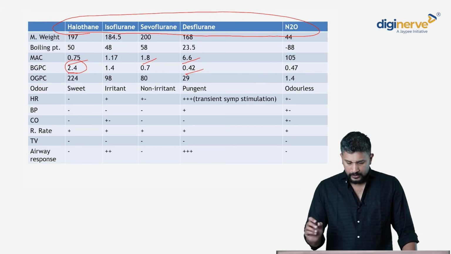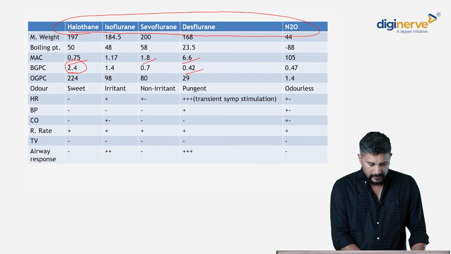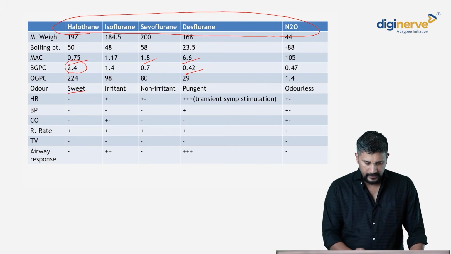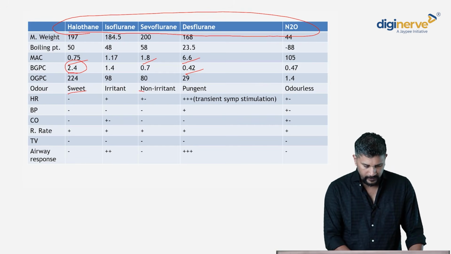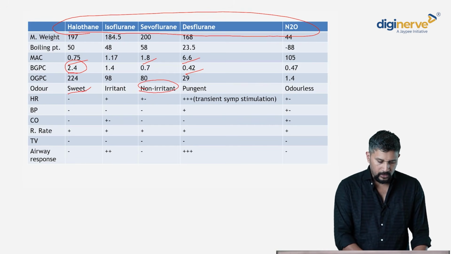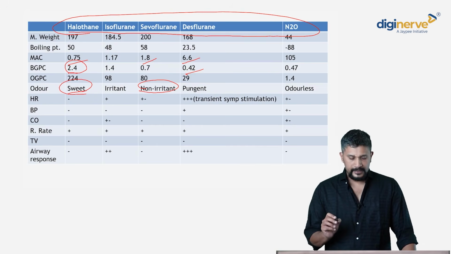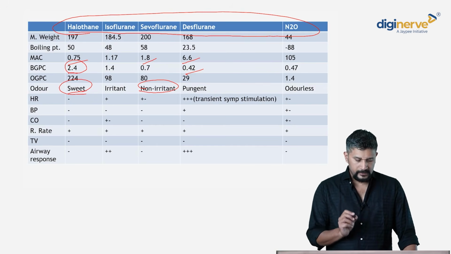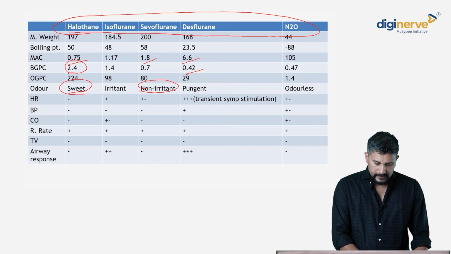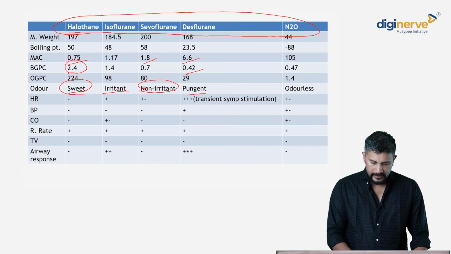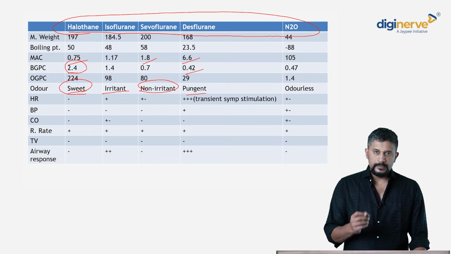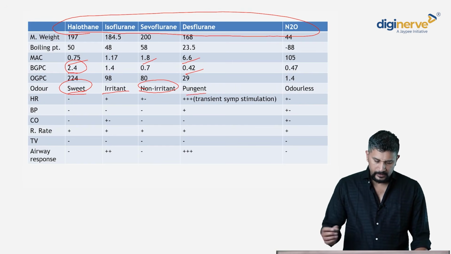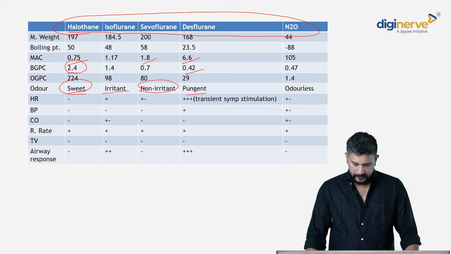onset. Now, an important thing to remember amongst the other features is that halothane and sevoflurane tend to be non-irritant to the respiratory tract and therefore they can be used for induction in patients where you do not have an IV line. The other agents such as isoflurane and desflurane tend to be irritant and can precipitate laryngospasm or bronchospasm.